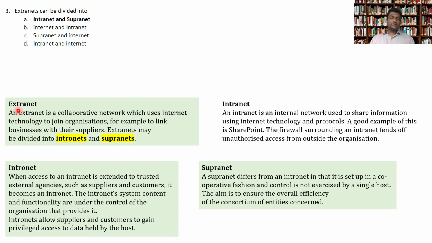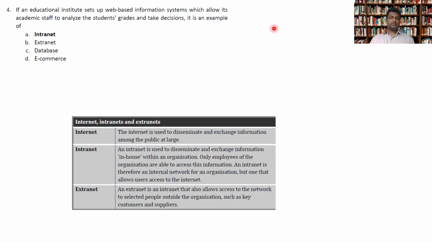So if you look at the extranet, it can be divided into intranets and supranets. So the first answer given, intranet and supranet, has to be corrected. It has to be intranets and supranets. So here it should be intranets, not an intranet. Right. So let's move on to the fourth question.